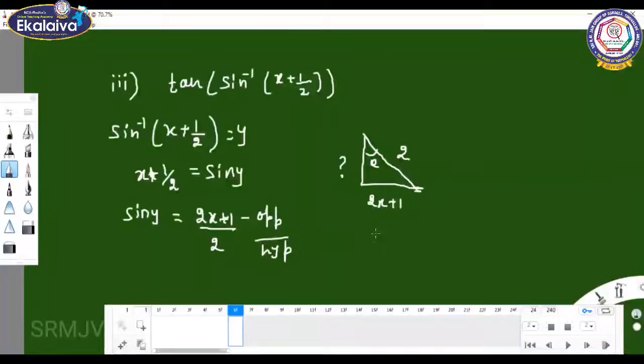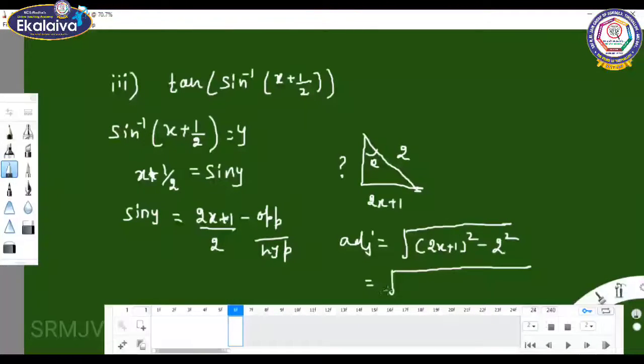Adjacent side equal to root of 2x plus 1 the whole square minus 2 square. Opposite square minus hypotenuse square.